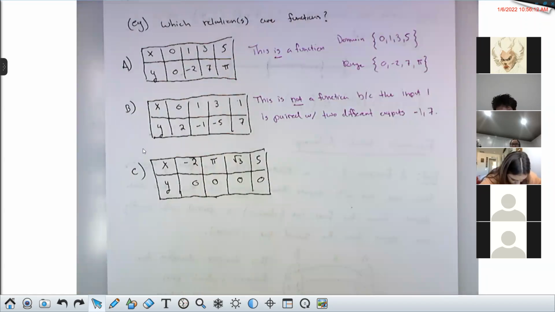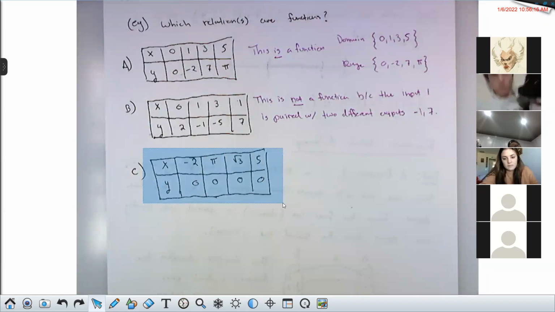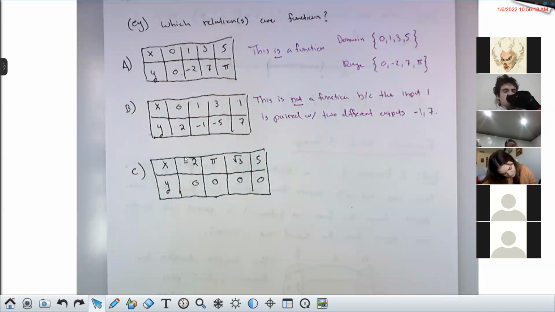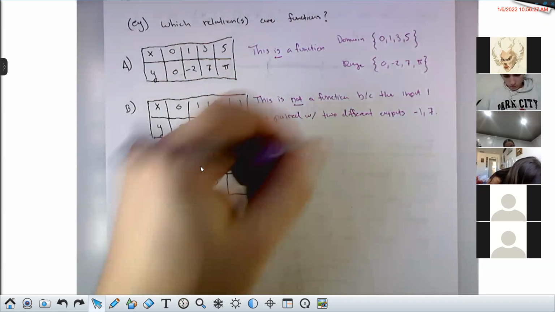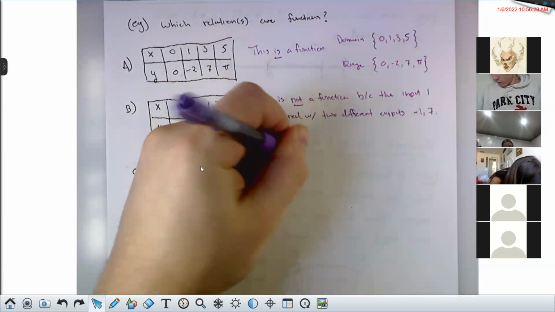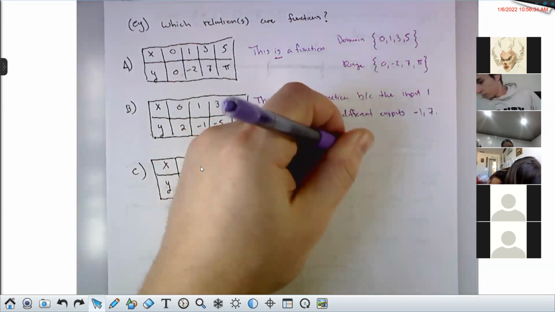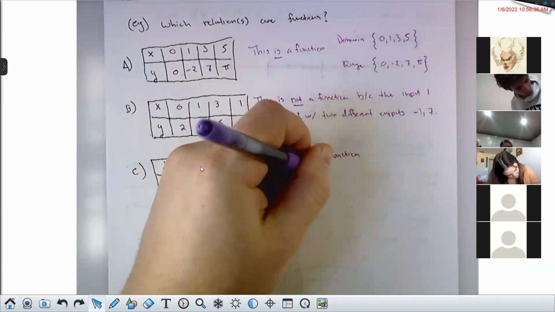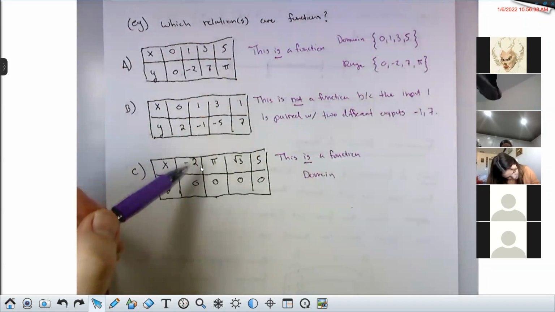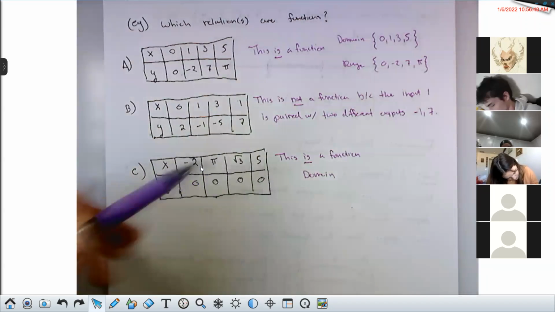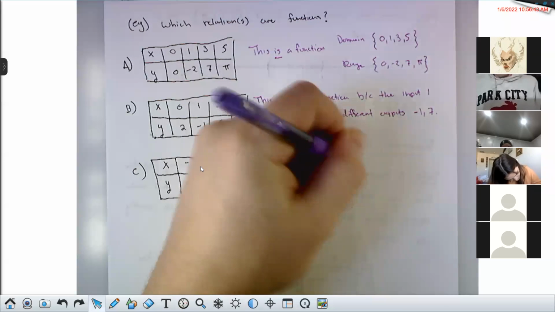All right, what about the last guy? It's a function. Good. There's no input that gets sent to two different outputs. Here, every input gets sent to the same output. That's okay. And here my domain is the set -2, pi, square root of 3, 5, in curly braces.